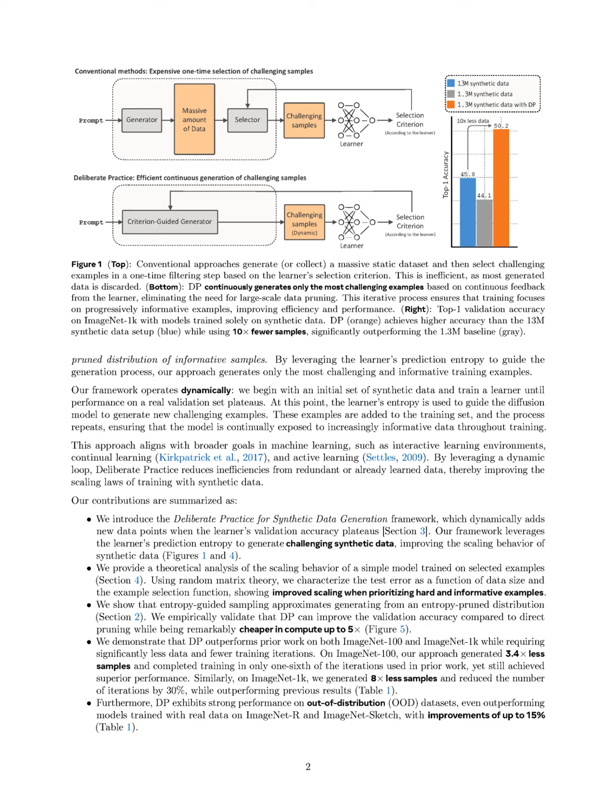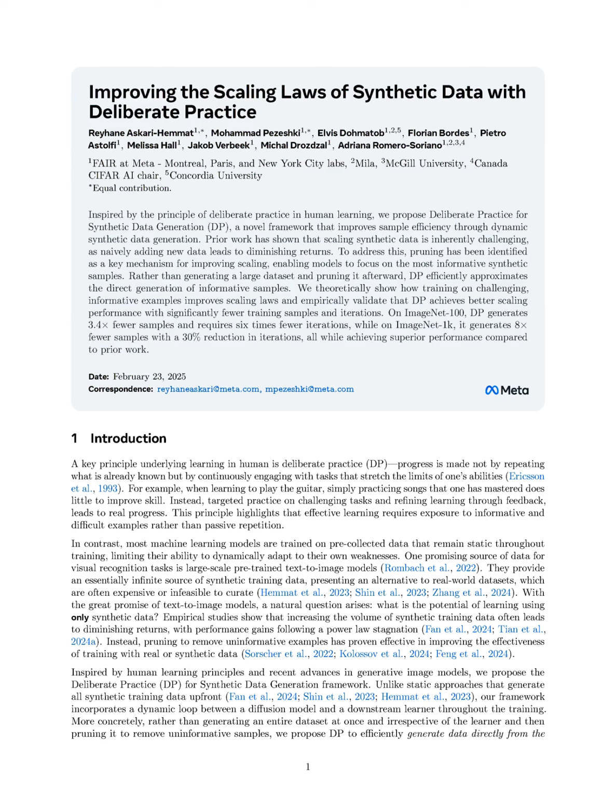This method leverages the learner's prediction entropy to focus on generating challenging and informative examples, which enhances the scaling behavior of synthetic data training. Theoretical analysis shows that selecting hard examples improves scaling laws, leading to reduced test error and requiring fewer training samples for the same performance.